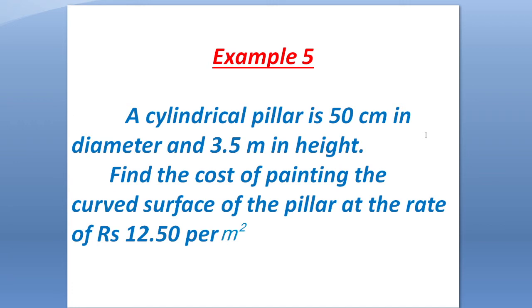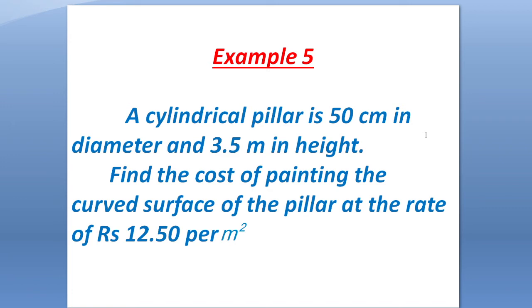Now example number 5. A cylindrical pillar is 50 centimeter in diameter and 3.5 meter in height. So diameter is given 50 centimeter. So find the cost of painting the curved surface area of the pillar at the rate of rupees 12.50 per meter square.